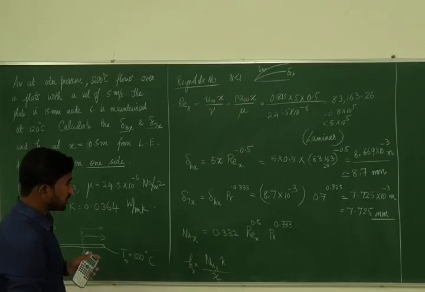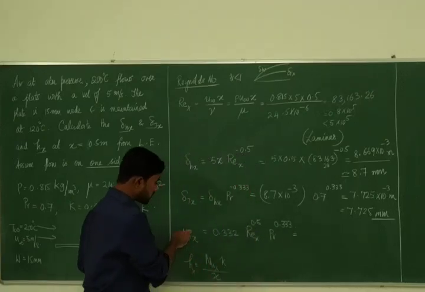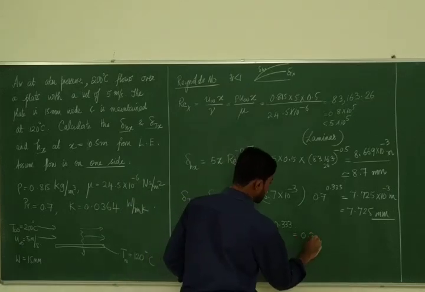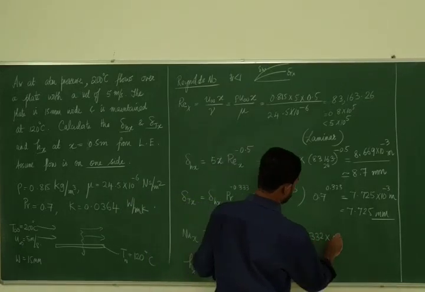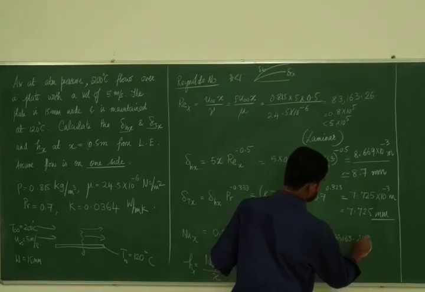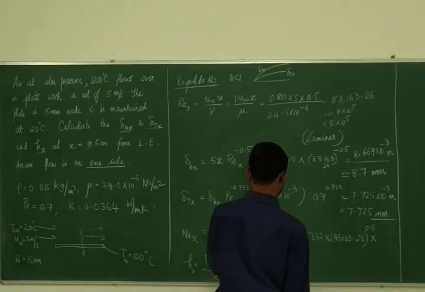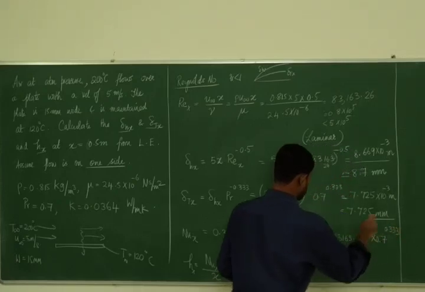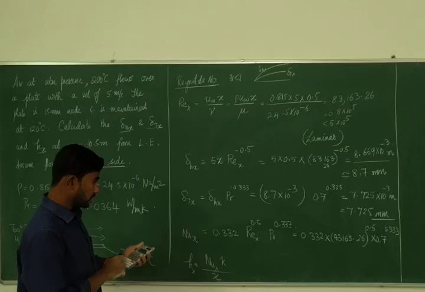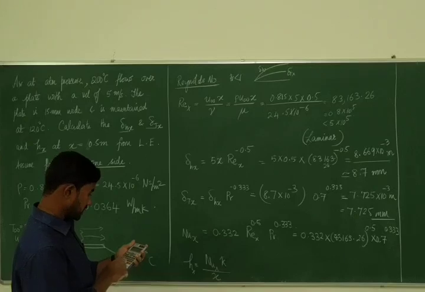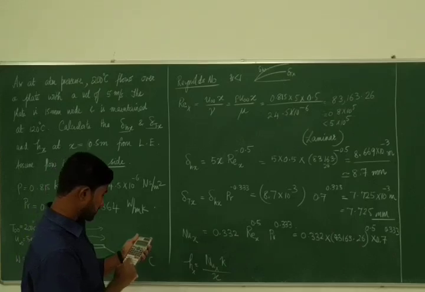This is for the case Prandtl number less than 1. Please note that. Now we can find the Nusselt number. Why do we find the Nusselt number? To find the local heat transfer coefficient. Nusselt number is 0.332 into Reynolds number to the 0.5, 83,163.26 to the 0.5, into Prandtl number to the 0.333, 0.7 to the 0.333.